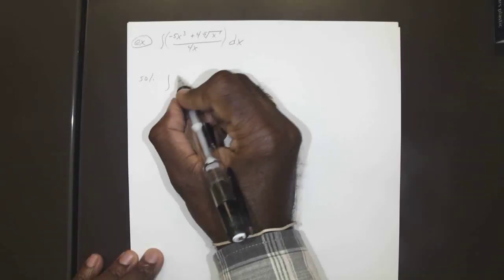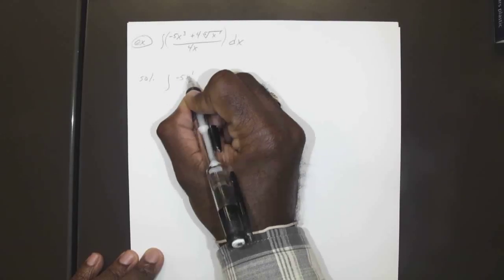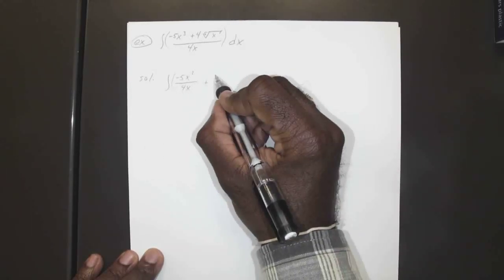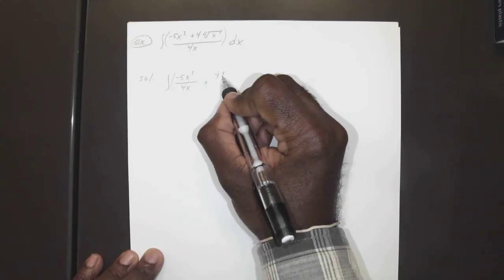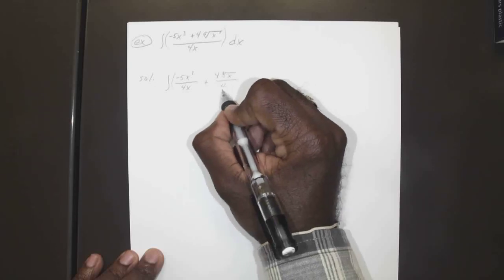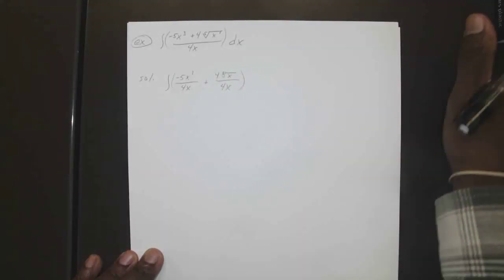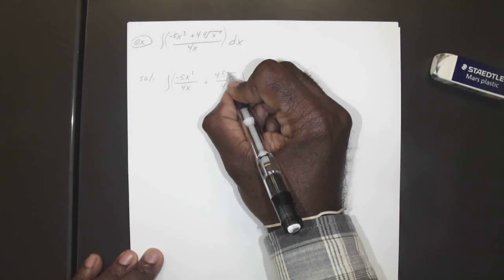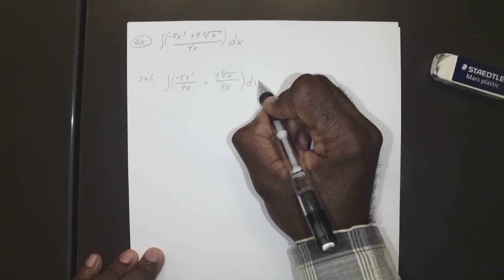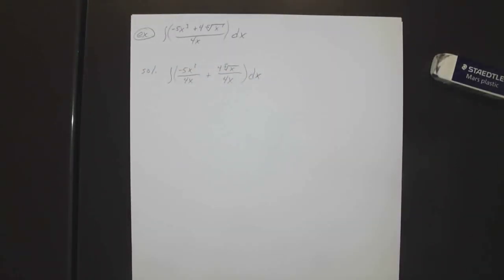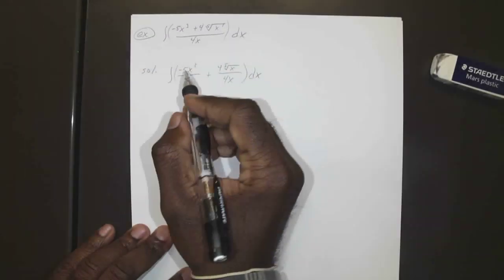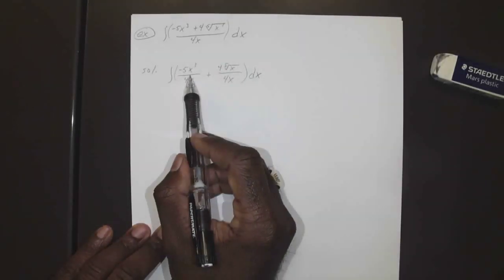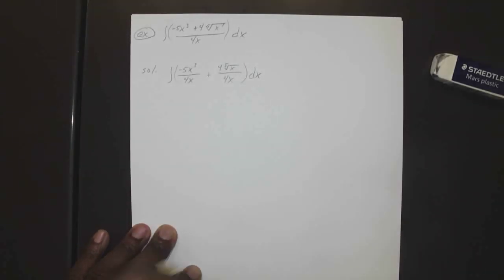So you can make that the integral of -5 x to the third over 4x plus 4 times the 5th root of x over 4x, with respect to x. So you can simplify each one. Here, an x can cancel out, and you can actually factor out that -5 over 4.